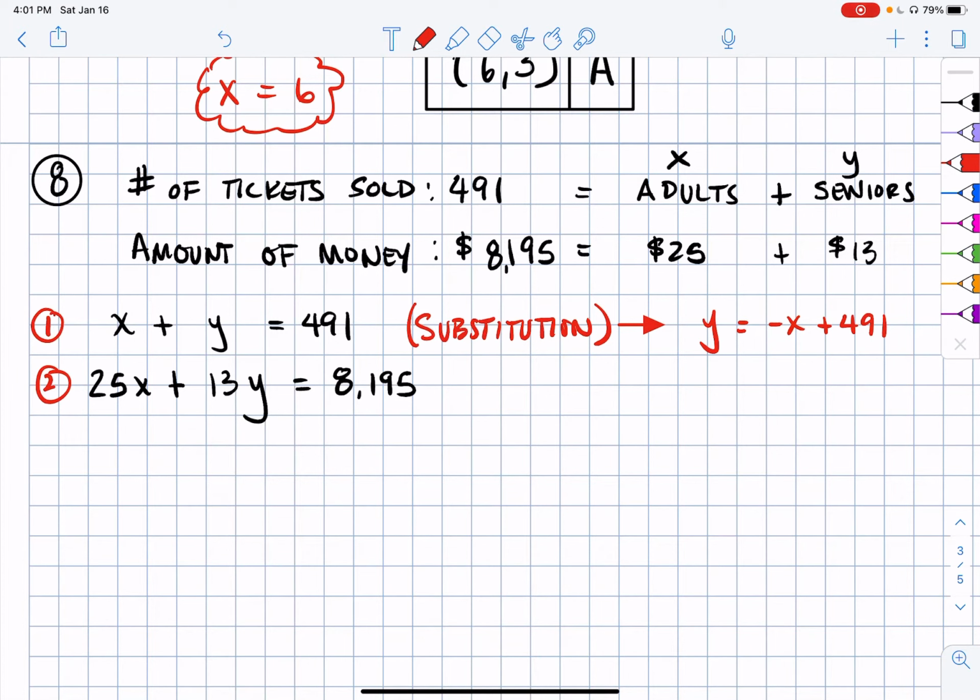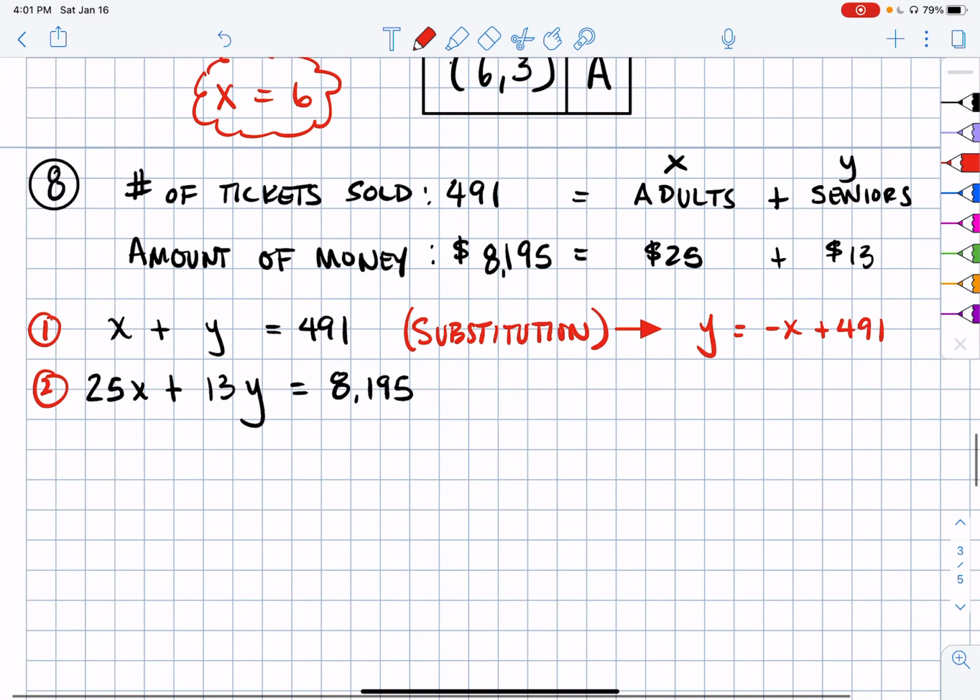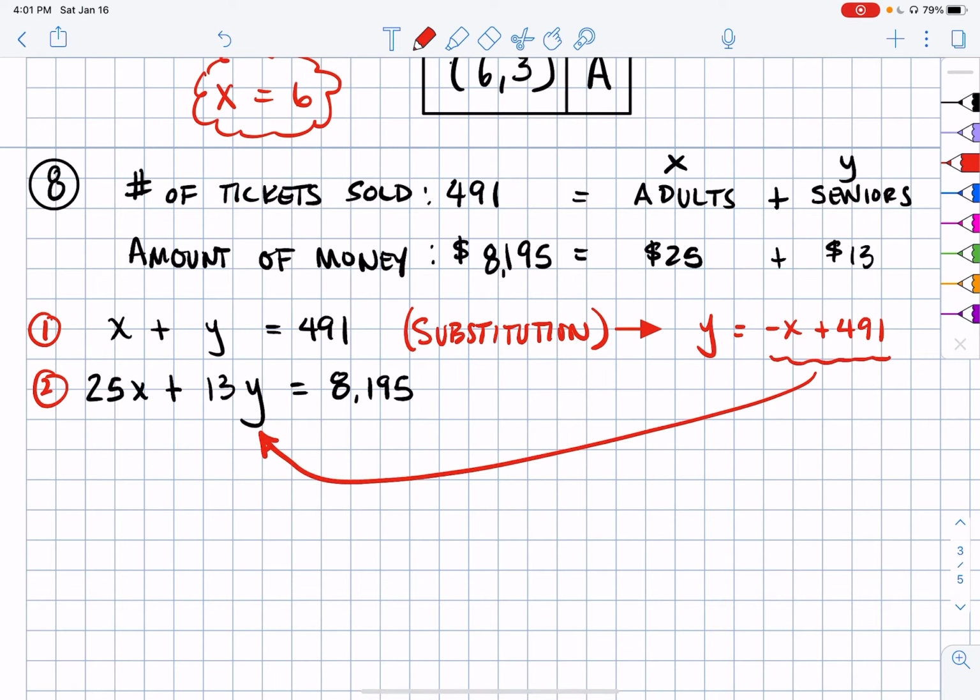Then I solve for y in the first equation and plug it into the second equation.